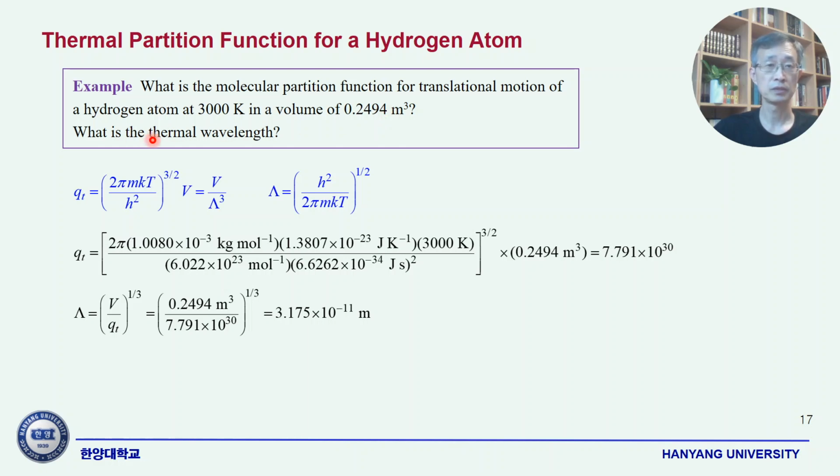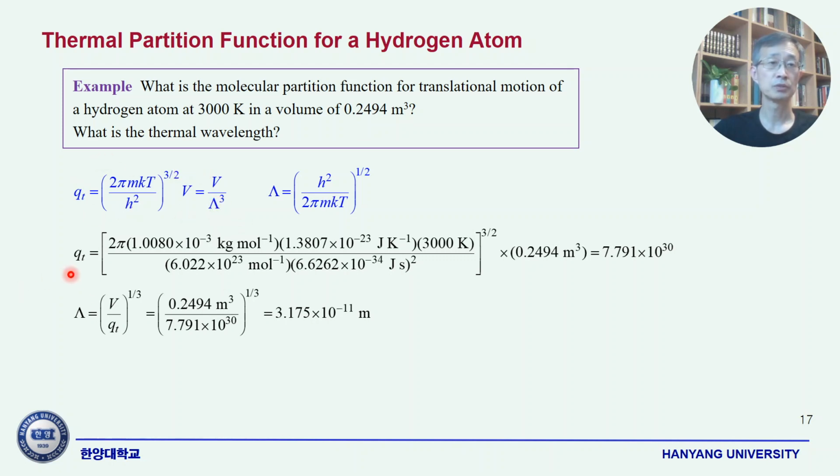And then it asks us to calculate the thermal wavelength. So the partition function is this, and the thermal wavelength is V over lambda cubed. Firstly you obtain this, then divide by the volume and take the cubic root, then we obtain lambda.